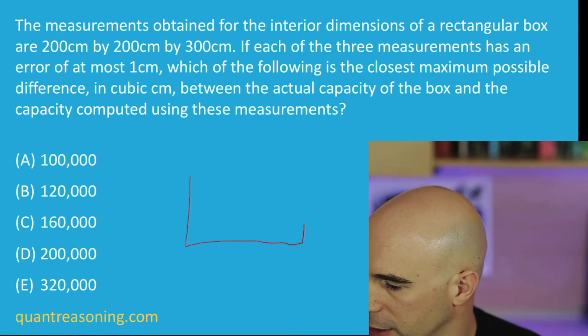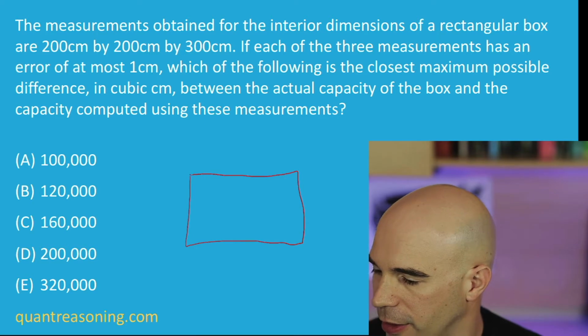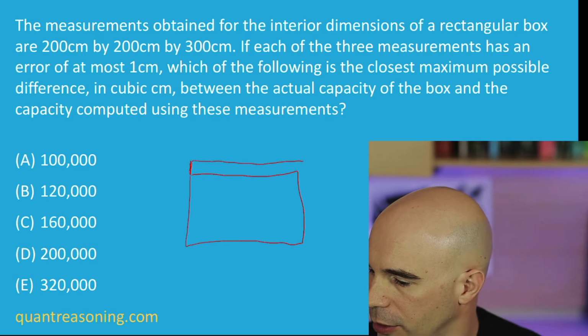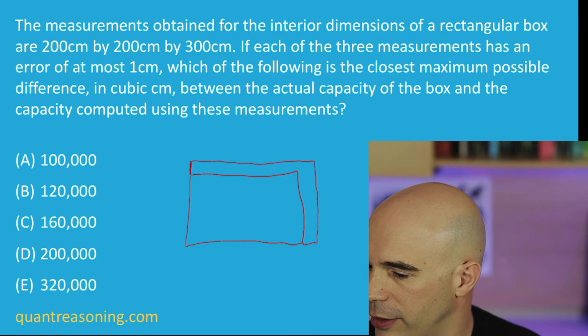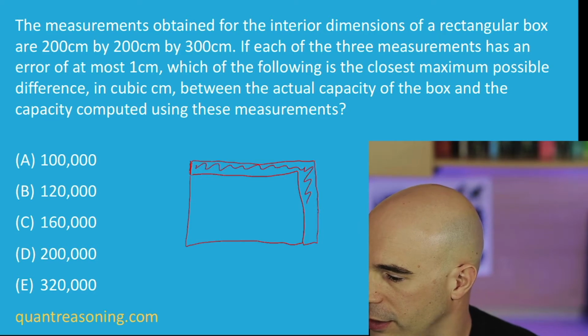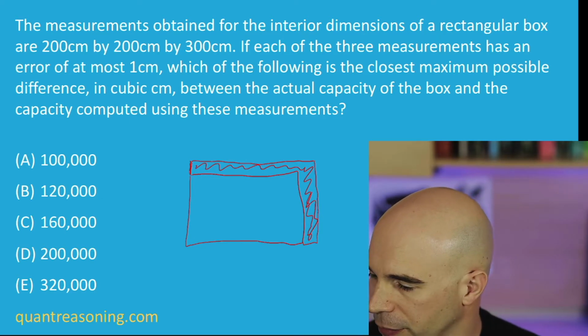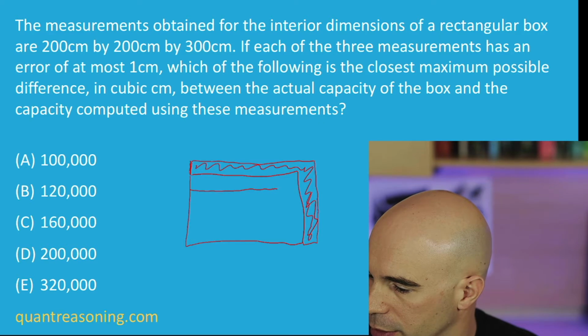So if you have some kind of rectangle, you think about the area of that rectangle, right? If you increase it by 1 for the width and also 1 for the length, you get all this extra area. So that's the delta if you're going up by 1 for the width and length. If you go down by 1 for the width and length, what's the area that you lose? You only lose this area.